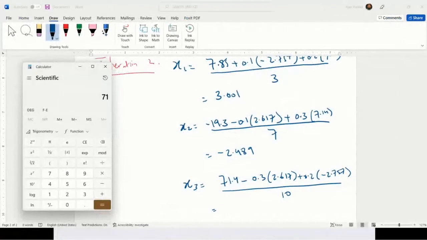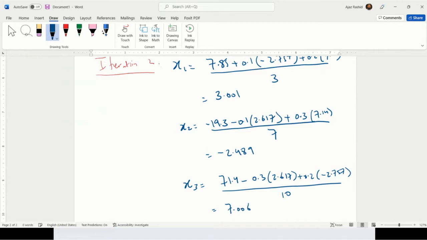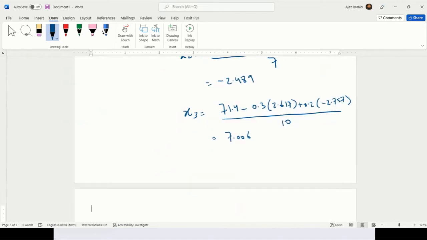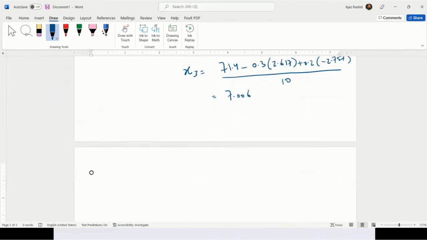So I have 71.4 minus 0.3 into 2.617 plus 0.2 into 2.757, but minus, divided by 10, 7.006. Those are the new values.